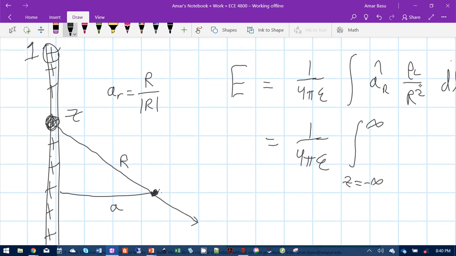So R, remember, is a vector. R divided by the magnitude of R. All right, so R in Cartesian coordinates, what are we looking at here? So this is the vector R. I highlight it in red. What are the two components of R?